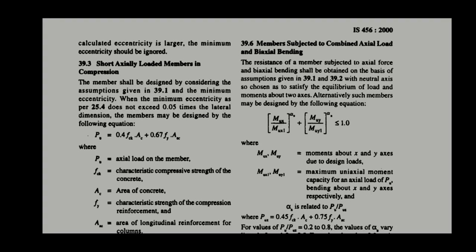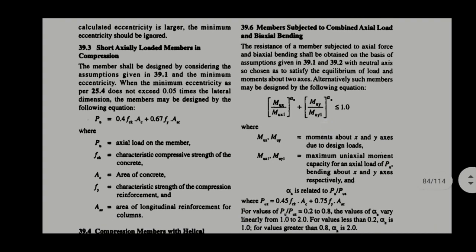Ac is area of concrete. fy is characteristic strength of the compression reinforcement, and Asc is area of longitudinal reinforcement for columns.